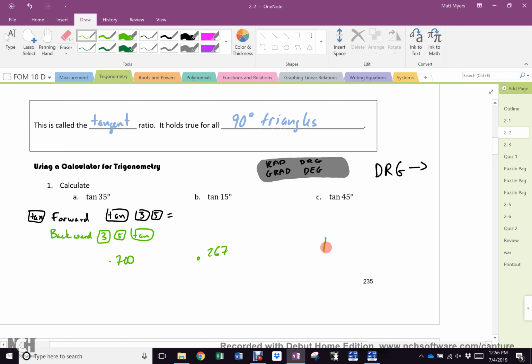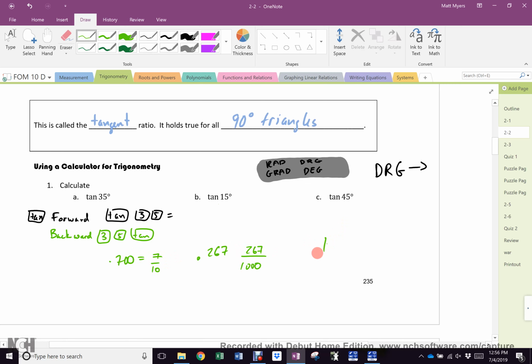Now, what does this mean? Let me show you. 0.700. What is that as a fraction? It would be 700 over 1,000 or 7 over 10, right? Everybody agrees? So this is 7 over 10. What would this be as a fraction? 267 over what? 1,000.